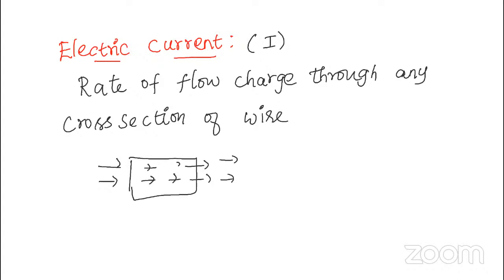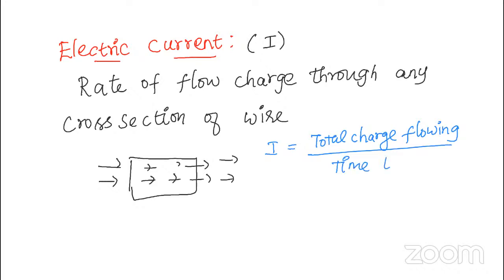The rate of flow of charges through any cross-sectional area of the wire is the current value. So current I is equal to the total charge flowing divided by the time taken. In a particular interval of time, how much charge crosses the conductor, that is the current.